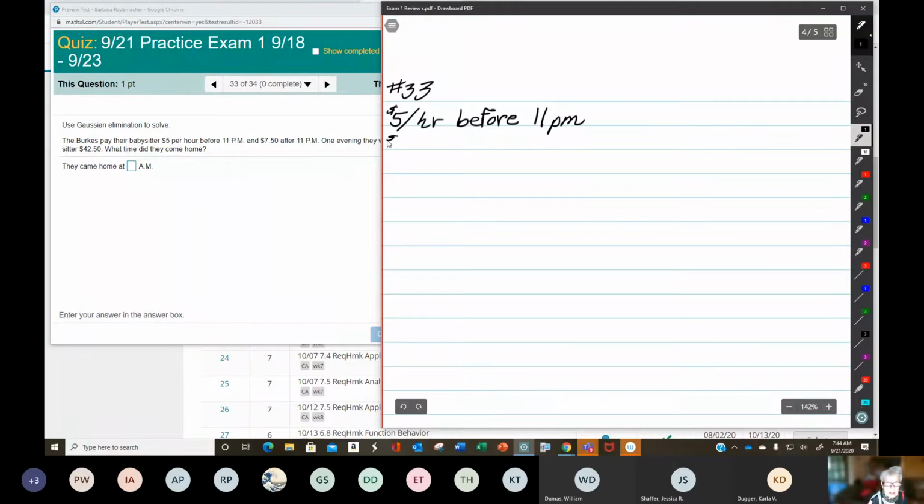And $7.50 per hour after 11 p.m. So there are two different kinds of hours.